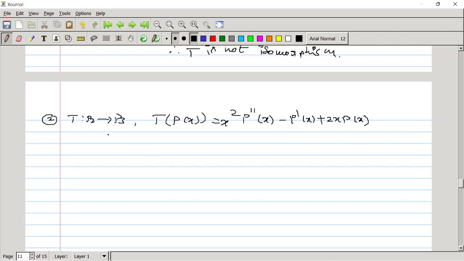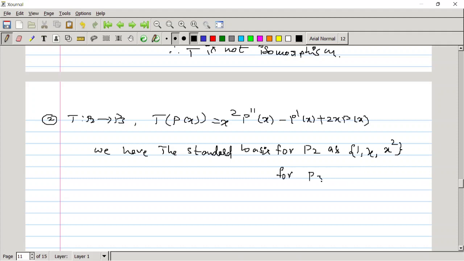Let me write the standard basis for P2 and P3. We have the standard basis for P2 as 1, x and x square. Similarly for P3, 1, x, x square and x cube.